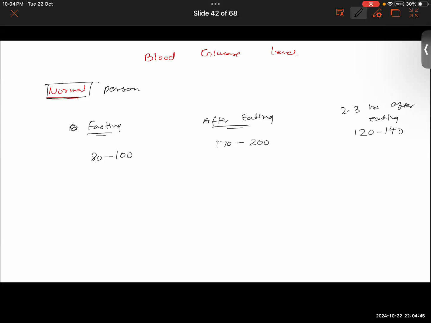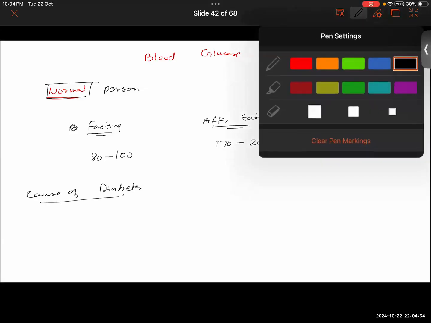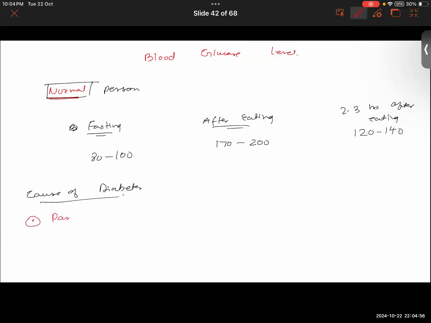Talking about the cause of diabetes, one reason could be that the pancreas might not produce enough insulin. Another reason could be that our body is not able to utilize insulin efficiently, so our body might not use it effectively.